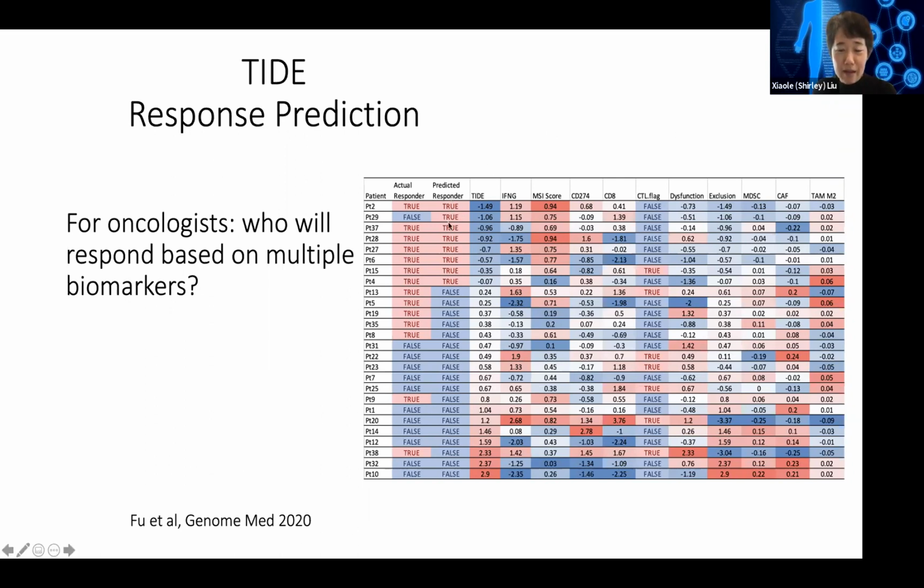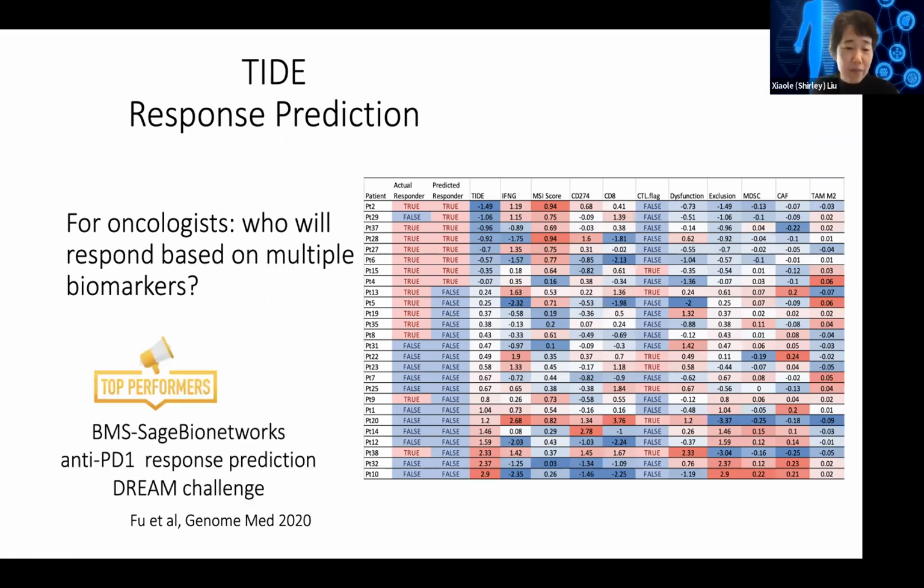This is actually from TIDE, and you can see here that what TIDE predicted to be responders indeed were responders, and the TIDE predicted non-responders were non-responders, although we do make some mistakes. So if oncologists can enter the trials, we can help with prediction as well. In the recent DREAM challenge of predicting immunotherapy response, we actually did pretty well in that challenge or competition.